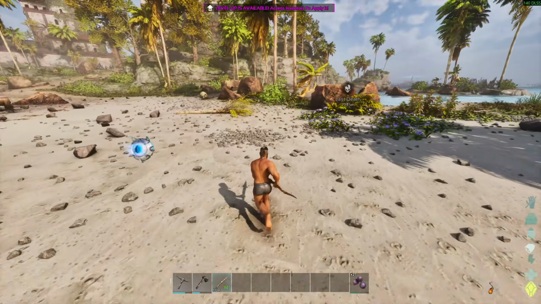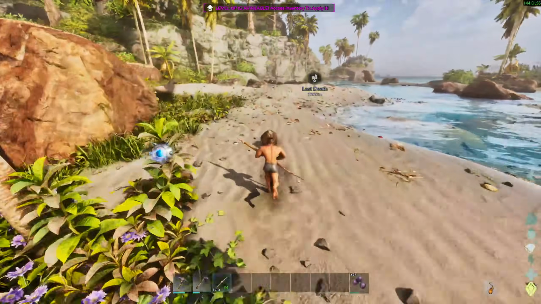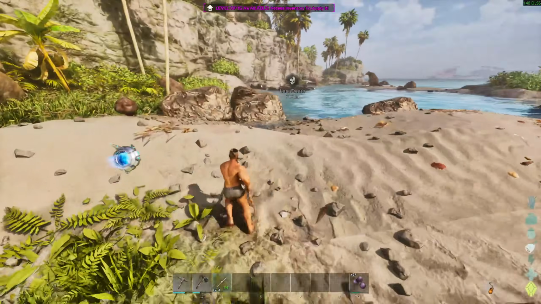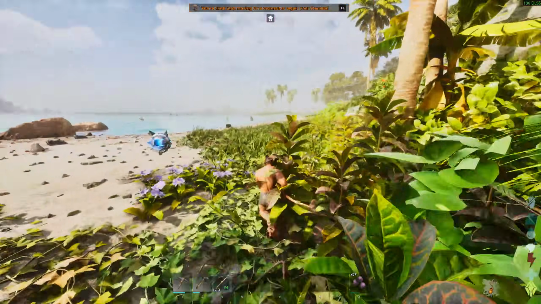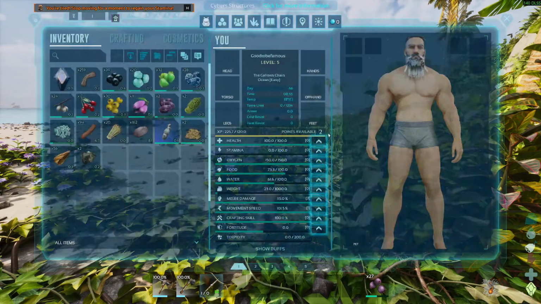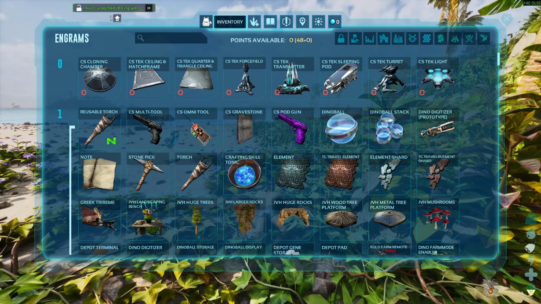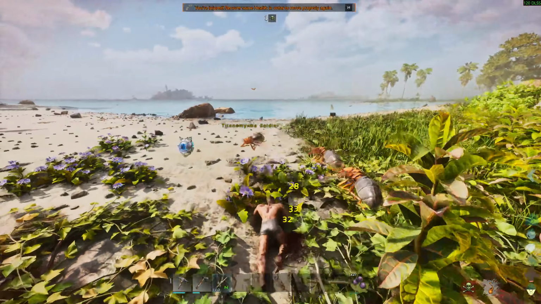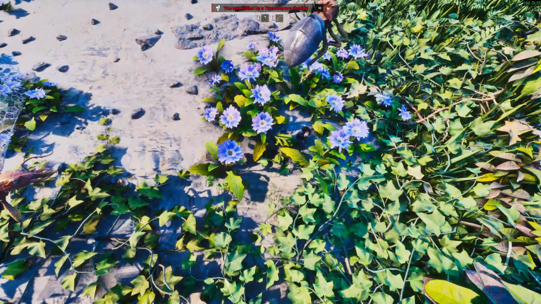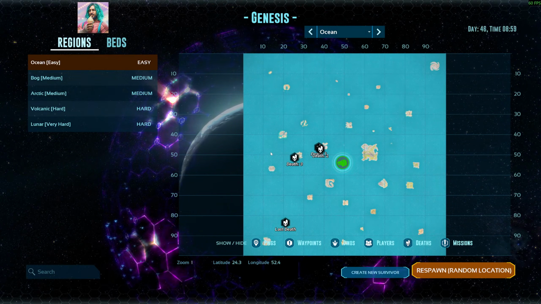Find something that I can take out. This stuff would be easy enough to take out. What the heck? Oh, okay. Cool. It's cool.